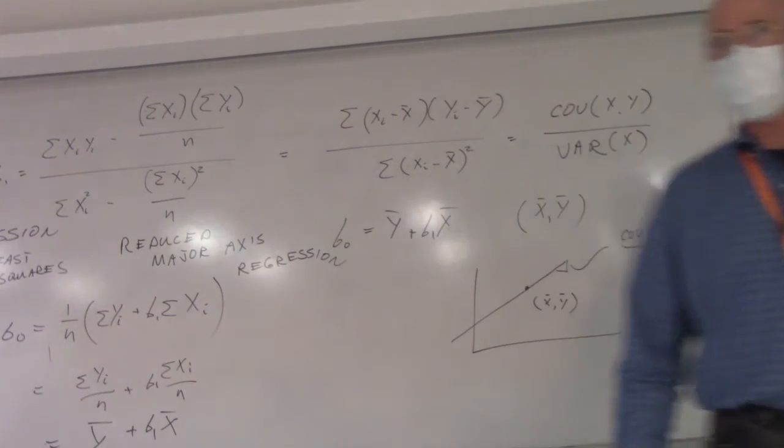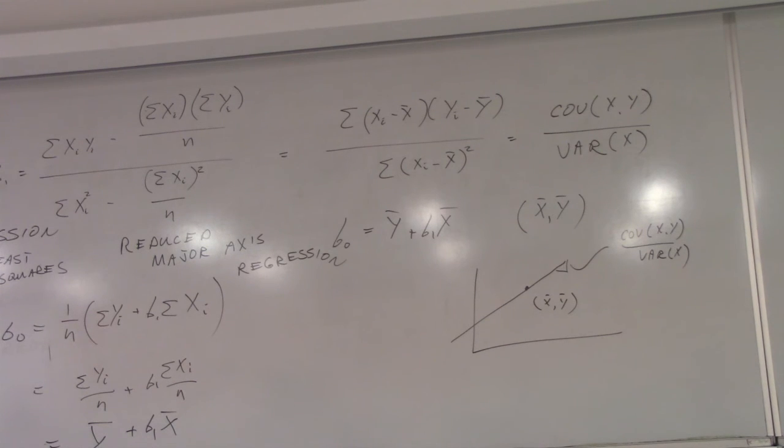That is similar to what happens when you do a principal components analysis, which is a method that we'll get into in about 3 or 4 weeks or so. Okay? All right.